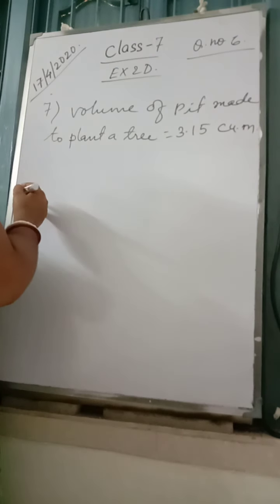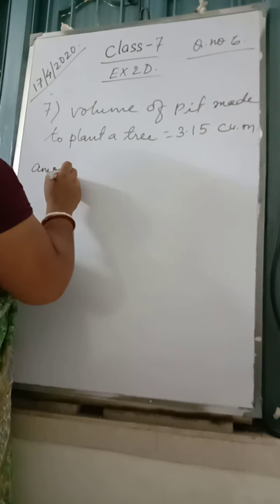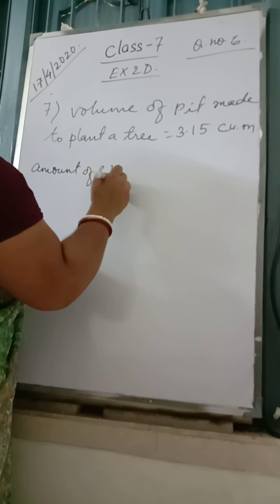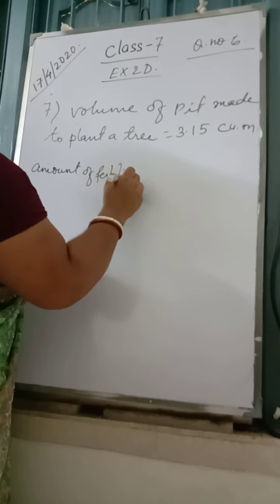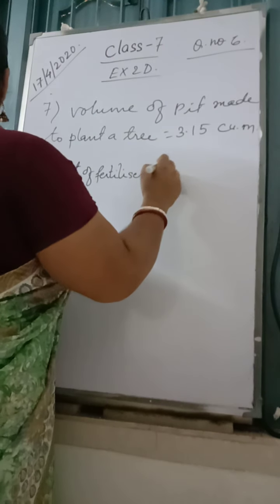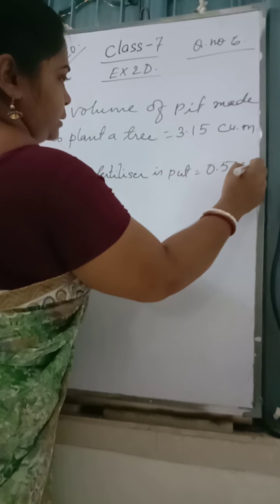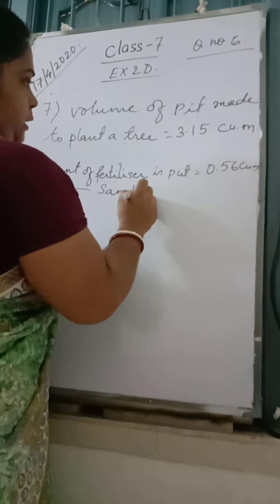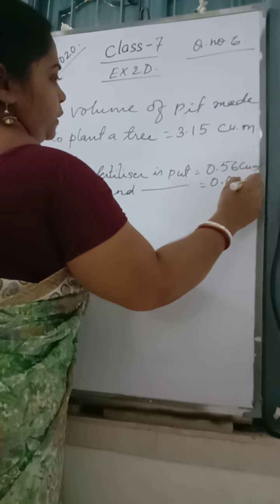Now, amount of fertilizers put is equal to 0.56 cubic meter and amount of sand put is 0.09 cubic meter.